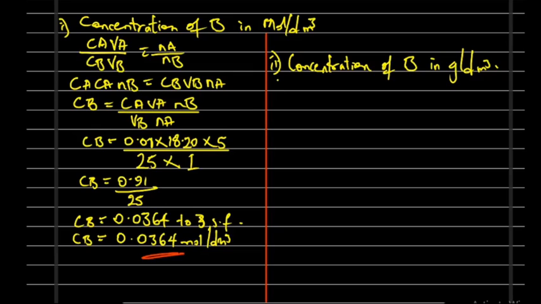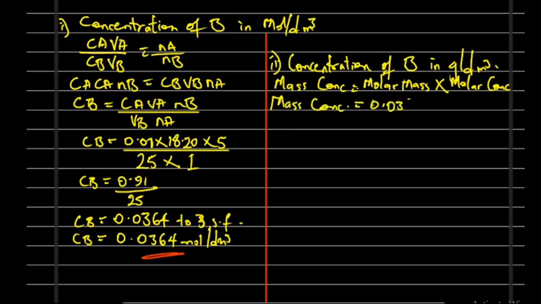The formula we are using is mass concentration equals molar mass times the molar concentration, all of B. So let's quickly see. The mass concentration equals 0.0364, like we just got from here, the concentration of base.